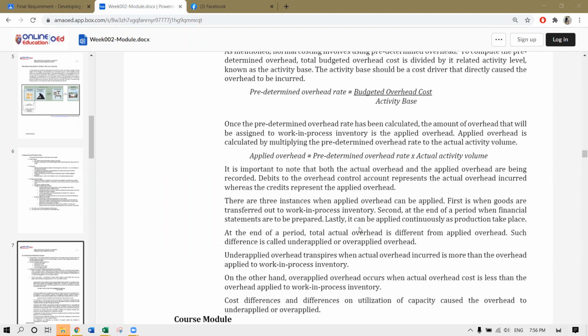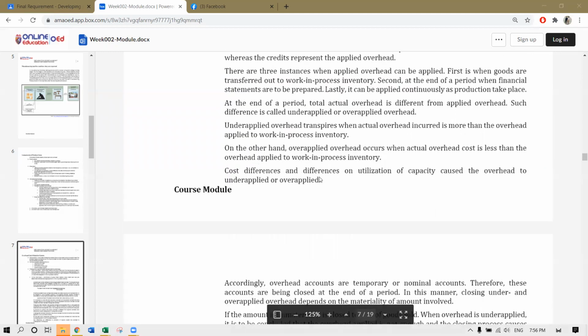So it is an over application. Cost differences and differences on utilization of capacity cause the overhead to under-apply or over-apply.